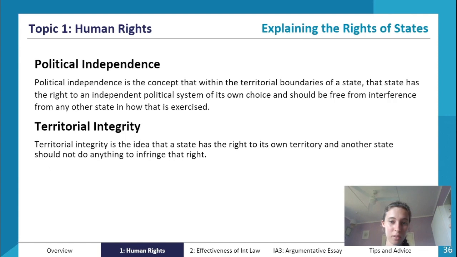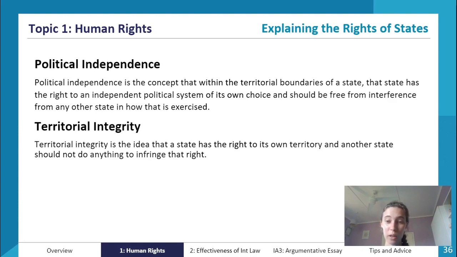Political independence. So, within the bounds of a state, like the boundary of Australia, for example, the state has the right to an independent political system of its own choice, and should be free from interference from any other state in how that is exercised.